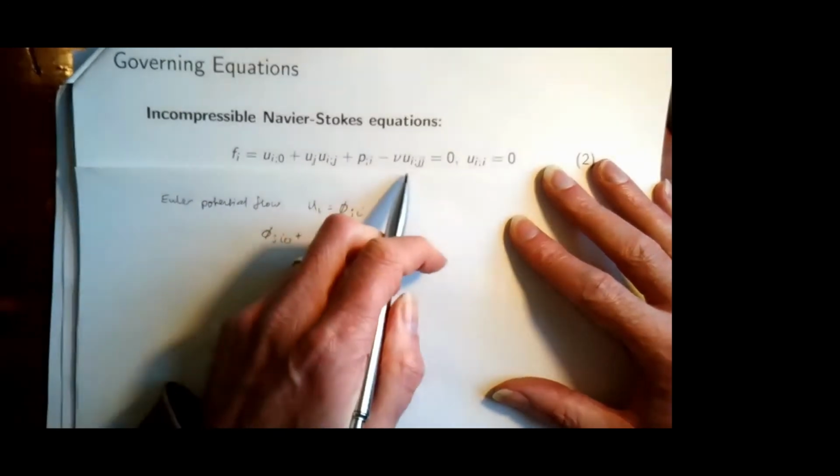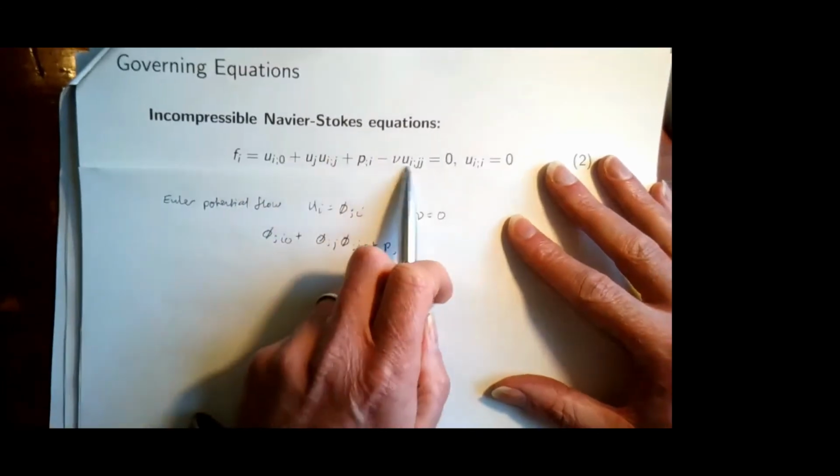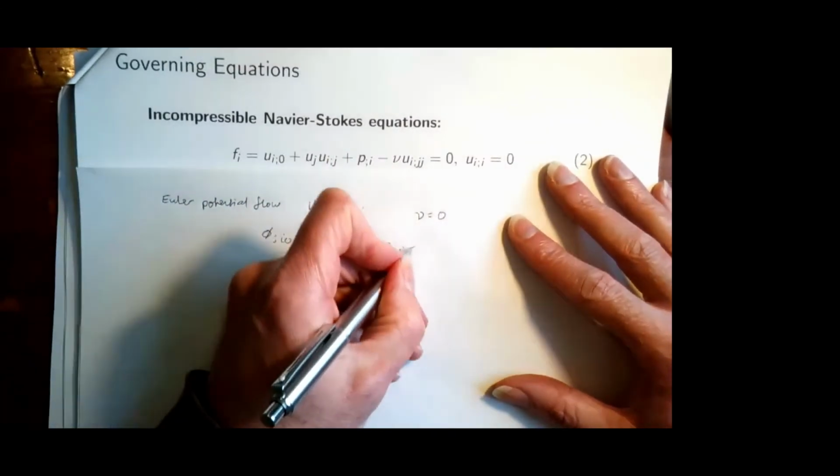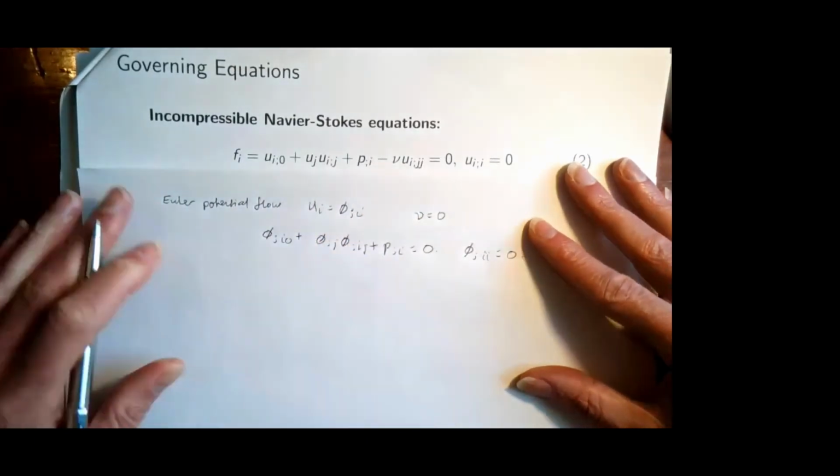And for the Euler equation, the Euler flow assumes that mu equals 0, so there's no viscous term. And then φ;ii equals 0.